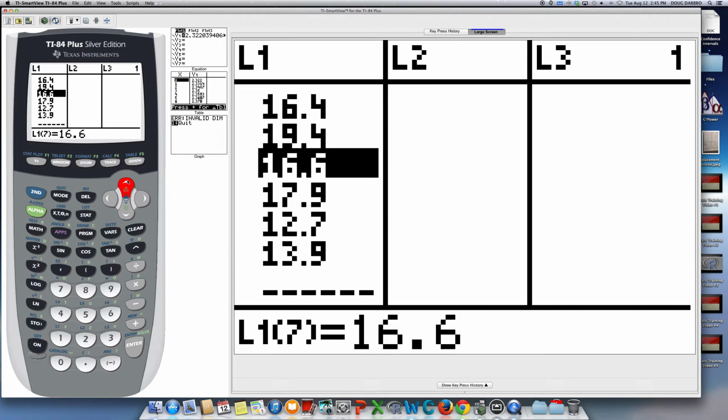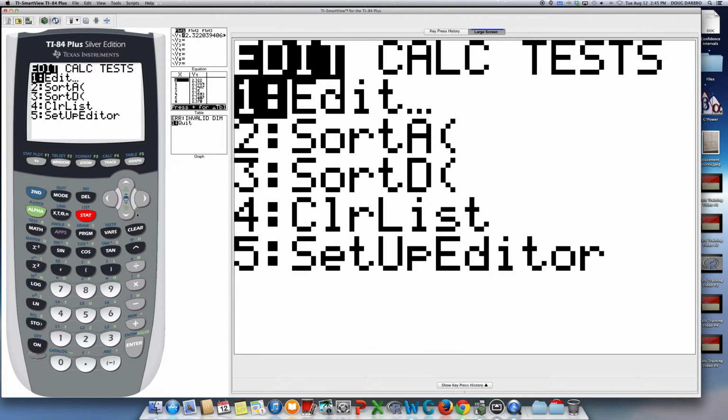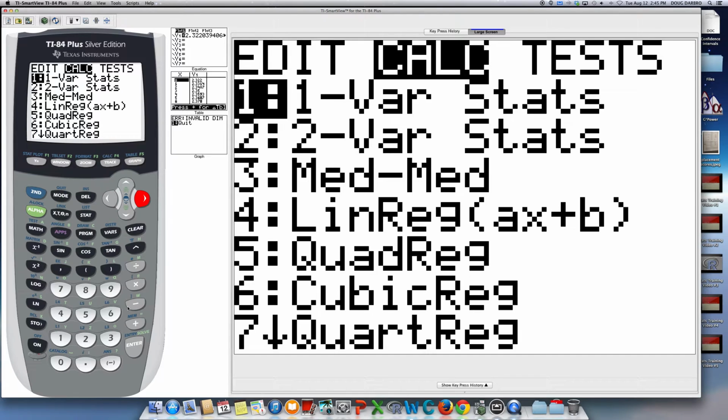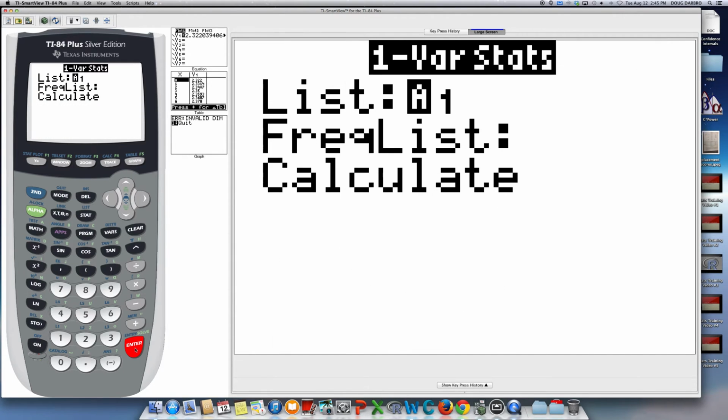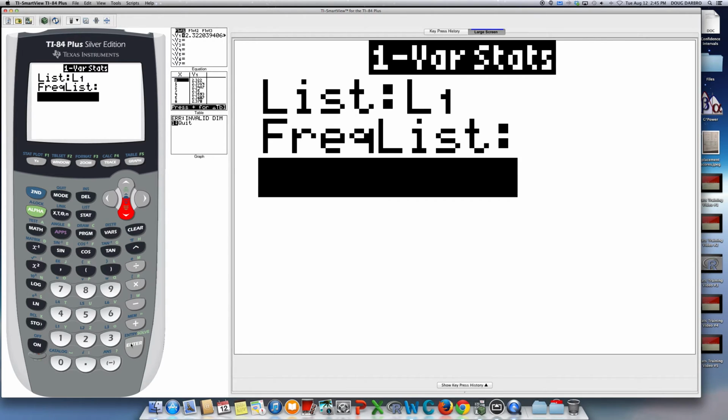So 13.9, 12.7. Don't you love it when this happens? No, I guess not. So it looks good. So guys, let's get back to this. All right.